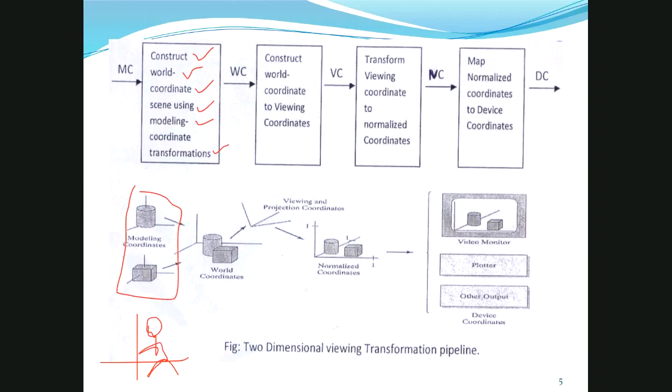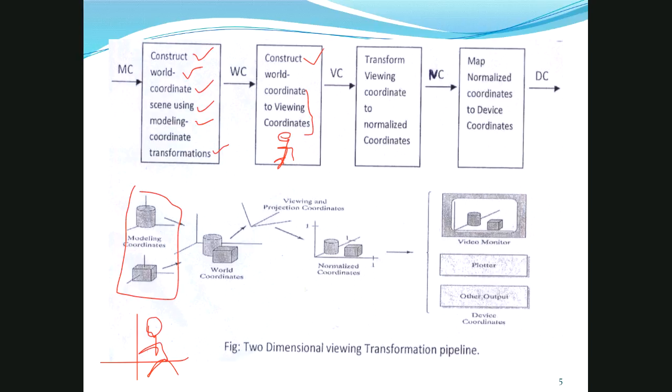Then coming to the world coordination, inside the world coordination we construct the world coordinates to view what you want to see. Okay, so those coordinates you can transform from viewing coordinates to normalized coordinates. Suppose this is a full picture, it is present here, but whatever you want to see, you can transfer to here, this one.